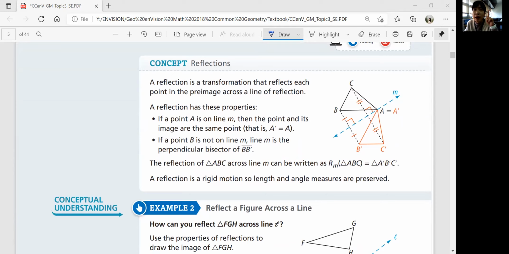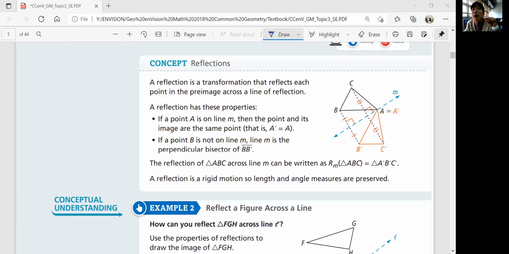First, if a point A is on line M, if a point is on the line that's reflected, then the point and its image are the same point. If it's exactly on the line of reflection, the point is reflected to itself, okay?